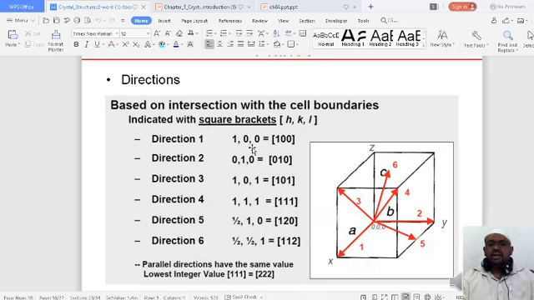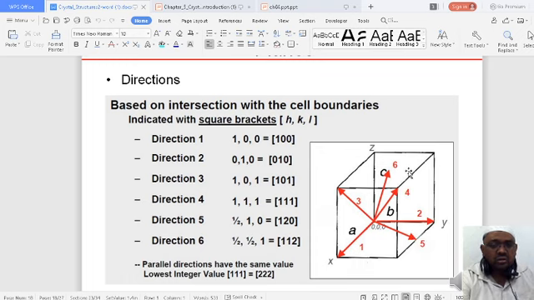Here also we had a glance at how these directions are indicated geometrically. That is the reason we have drawn a unit cell, and in that unit cell we have some representations: this is 1, this is 2, 3, 4, 5, and 6.